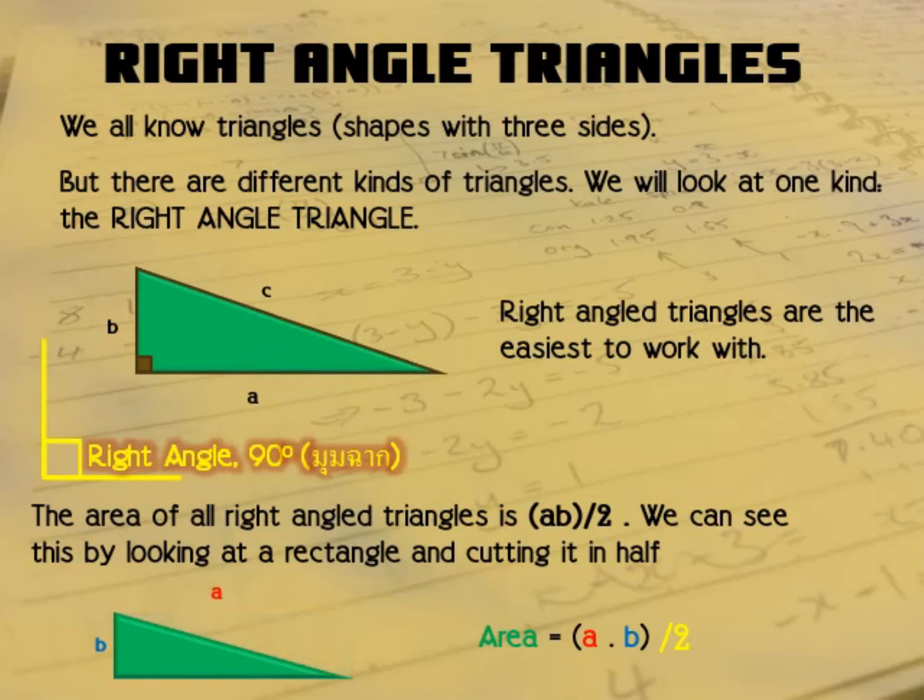But if we cut that rectangle in half along the diagonal, then we end up with a times b divided by 2, and that is the area of our right-angled triangle. So we need that when we go to look at Pythagoras' theorem.